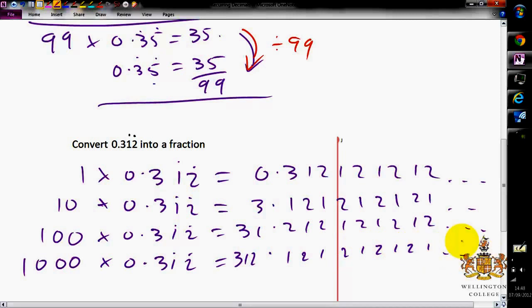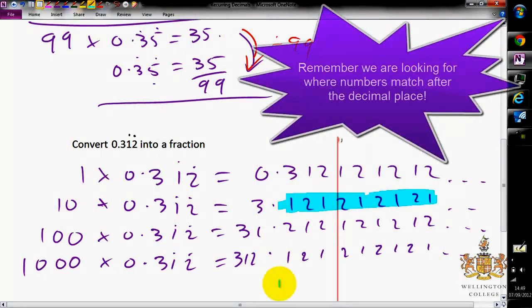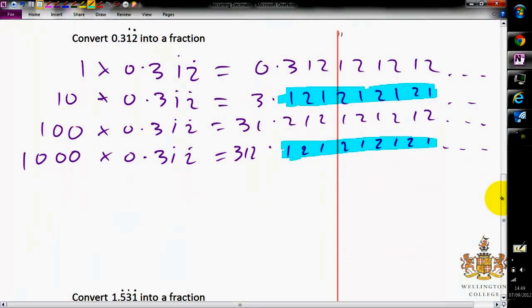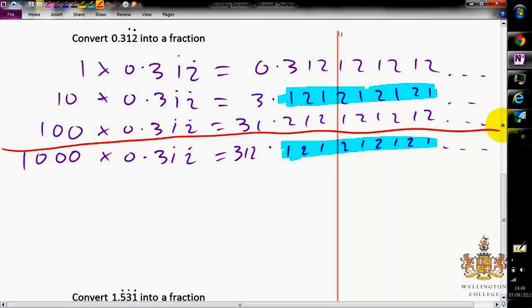312.121212121. And we can see we now have two that match up. This one here goes 0.12, 0.12, 0.12. This one here goes 0.1212. So those are the two we're going to use for our next piece of working. So I'm going to draw a red line in, and we're going to ignore everything above the red line for the next stage of working. So I'm going to use 1,000 because that matches up.